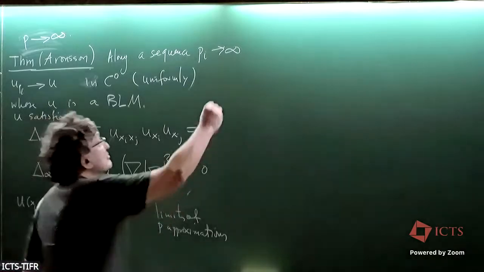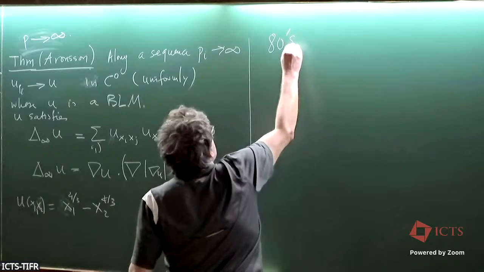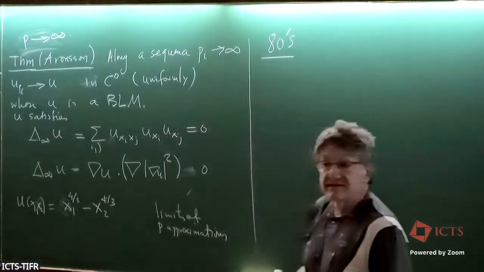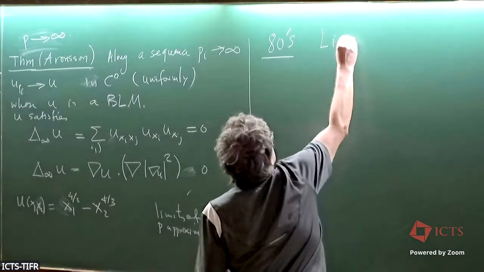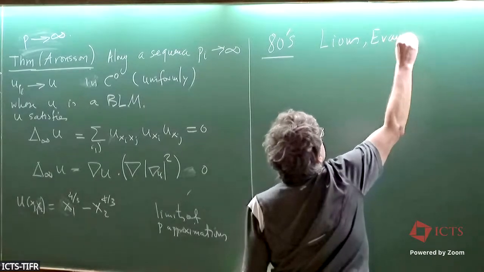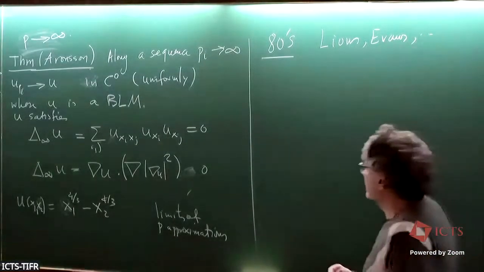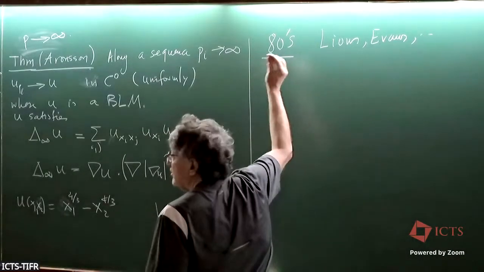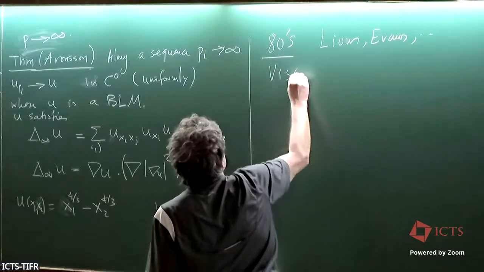It took actually until the 80s that people developed the techniques in analysis to handle this equation. It was the work of Lions and Evans and a lot of other distinguished analysts who made sense of this equation. I'm not going to talk about this, but it's called viscosity solutions.